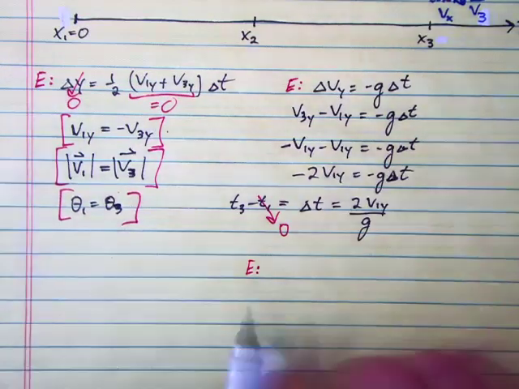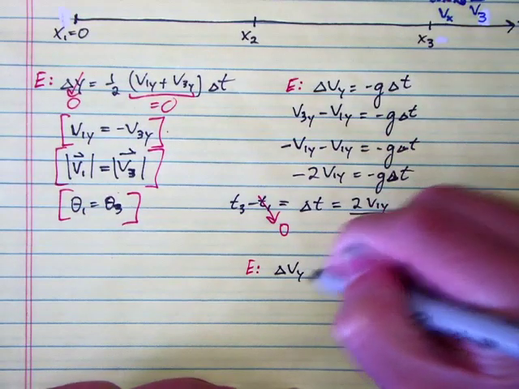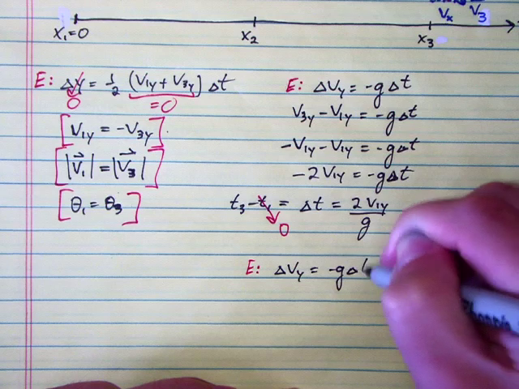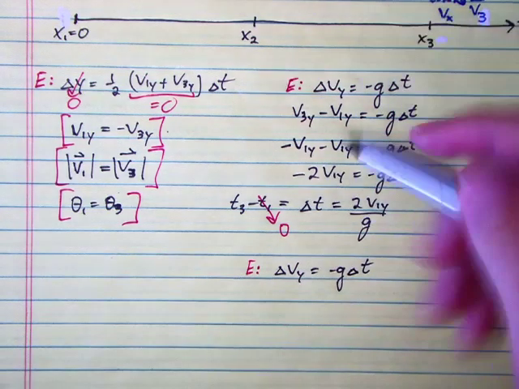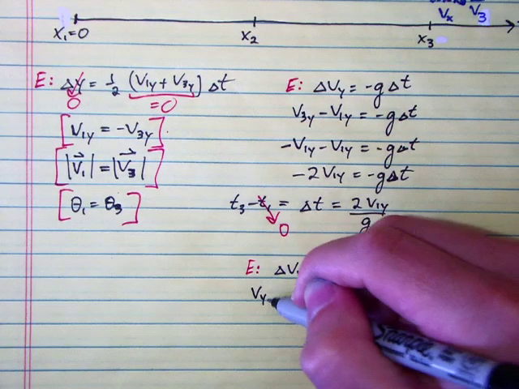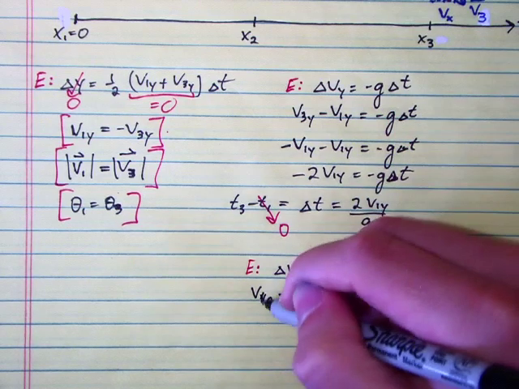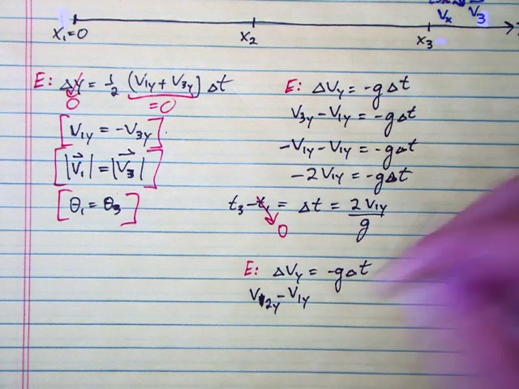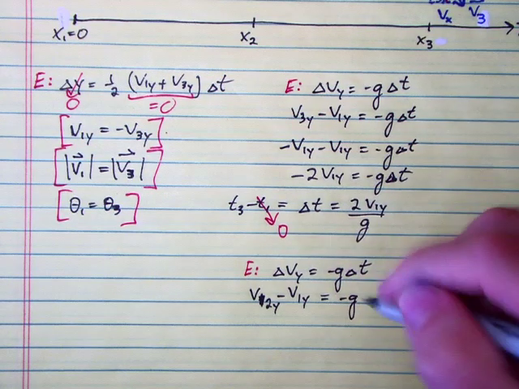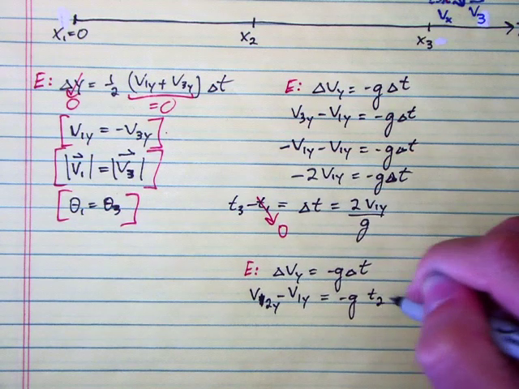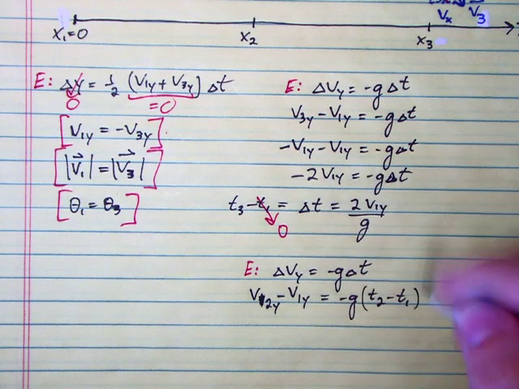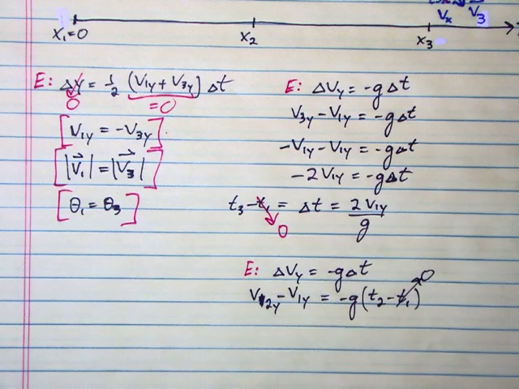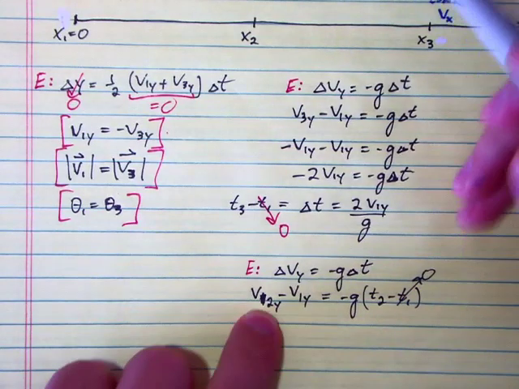So, same equation, delta Vy is negative g delta t. This time we'll go from events 1 to 2, so V2y minus V1y equals negative g, and then this delta t will be t2 minus t1, but again t1 is 0. We start the clock there. Okay, what about our y component at time 2?